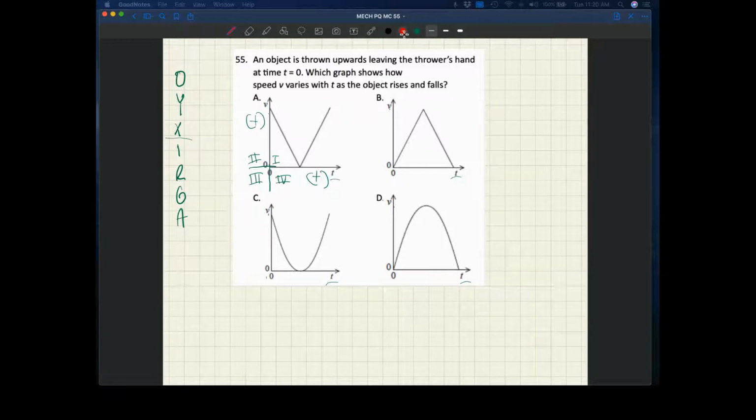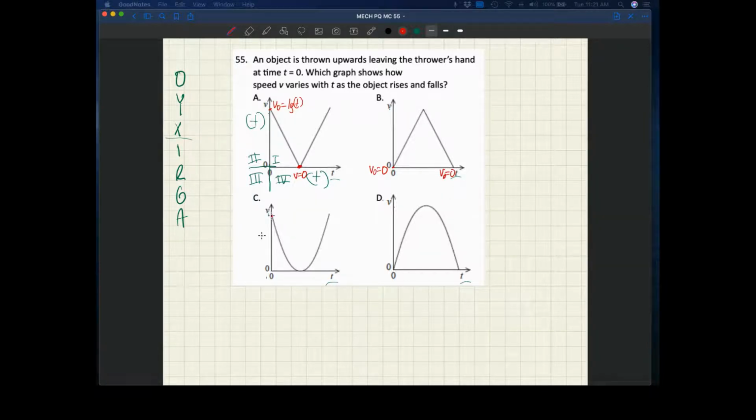So in the first graph, what we have here is a v0 equaling a large value, and it's positive. And down here, at this point, it means we have a v equal to 0. In the second graph, however, we have a v0 initial velocity being 0 and ending with a velocity equal to 0.